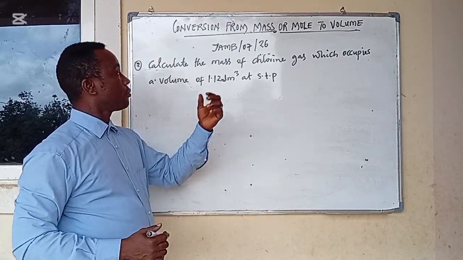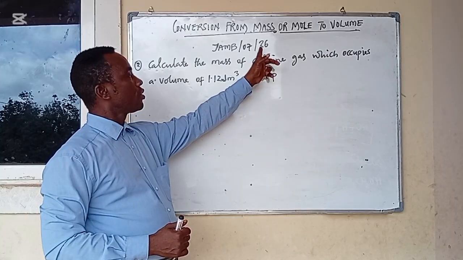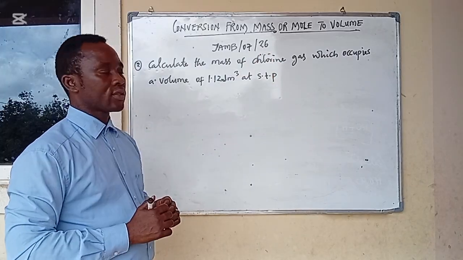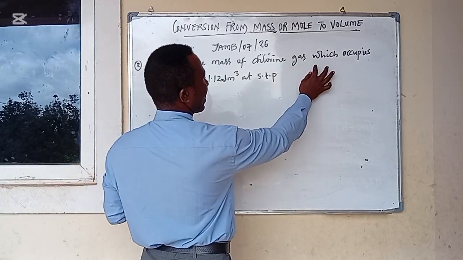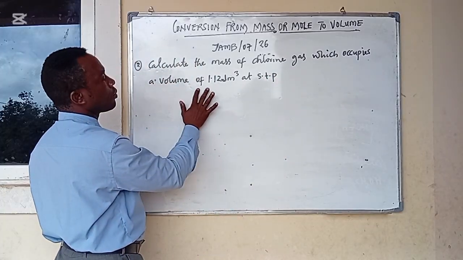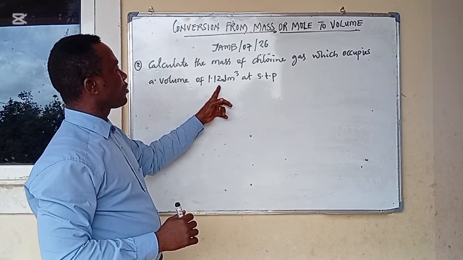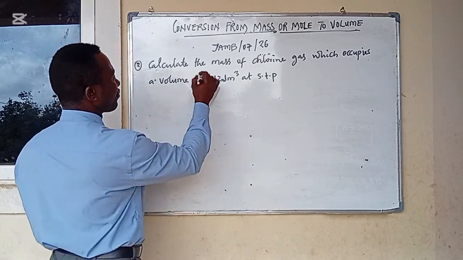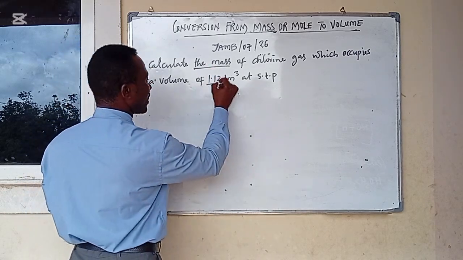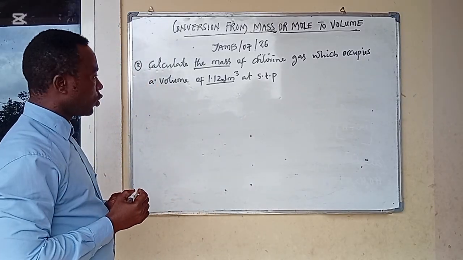Question 2 is taken from JAMB 2007, question 26. The question says, calculate the mass of chlorine gas which occupies a volume of 1.12 dm cube at STP. Now we are looking for the mass, and we are given the volume.